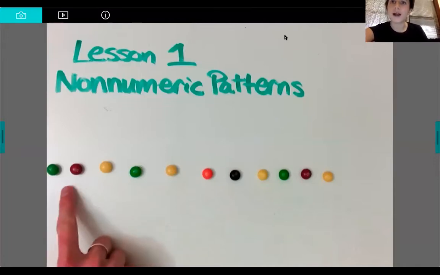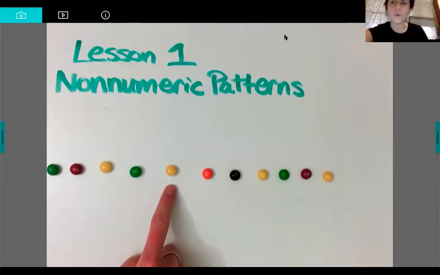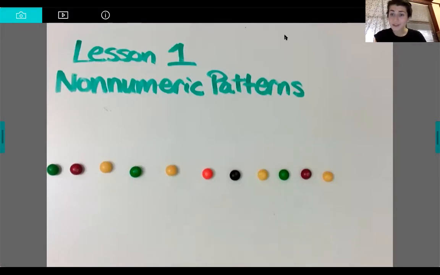Okay, green, red, yellow, green, yellow, orange, purple. There's no pattern here, right? These Skittles are not following a rule. This is a row of Skittles, but it's not a pattern of Skittles because there is no common rule that the order of Skittles follows.